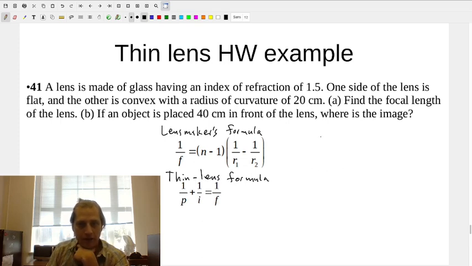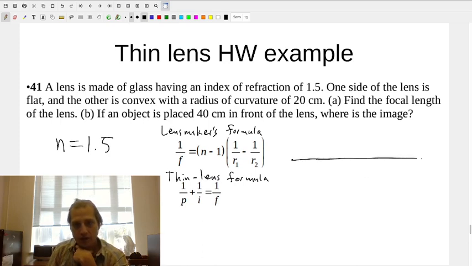Okay, so that is our N. One side of the lens is flat and the other is convex with a radius of 20 centimeters. So how does this work? Well, we put the lens at x equals 0. One side is flat and the other has a radius of 20 centimeters.